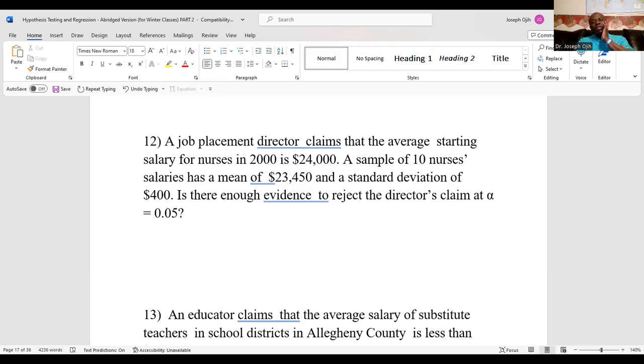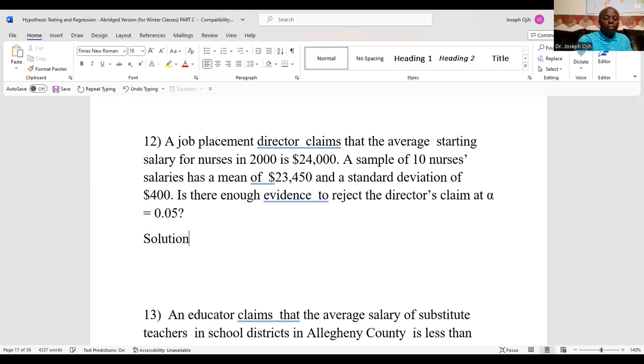A sample of 10 nurses' salaries has a mean of 23,450 and a standard deviation of $400. Is there enough evidence to reject the director's claim? Now, you can see that the sample size is small, only 10 nurses. So that means we're going to use the t distribution.